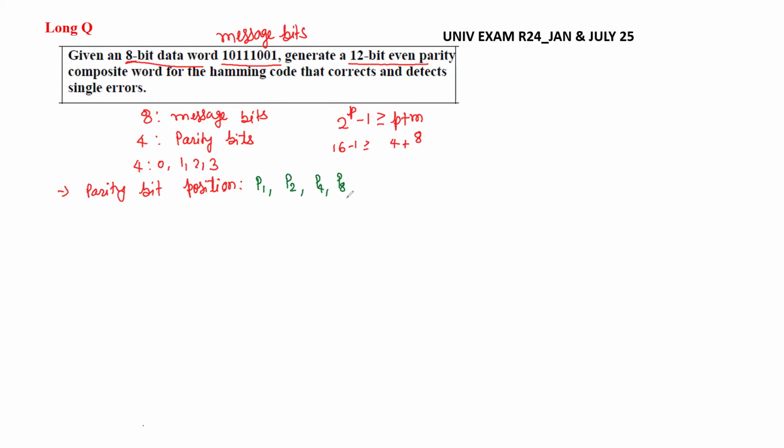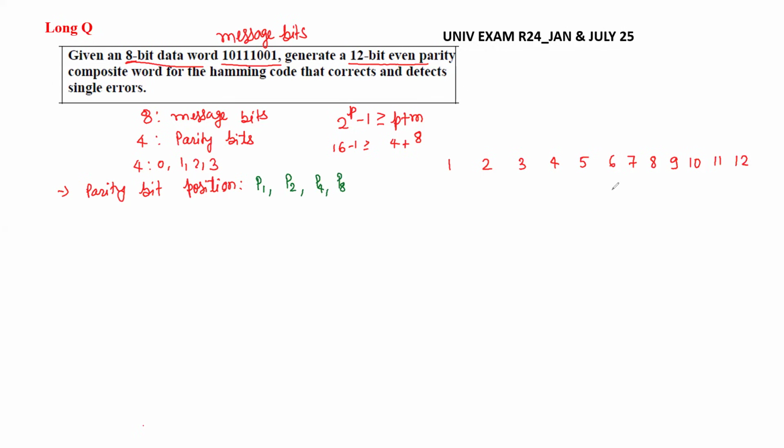Next, we have to decide the value of the parity bits. We have 12 bits here, so we can write the bit positions. Generally, standard books write from left to right, so here also we'll follow the same: 1, 2, 3, 4, 5, 6, 7, 8, 9, 10, 11, 12.